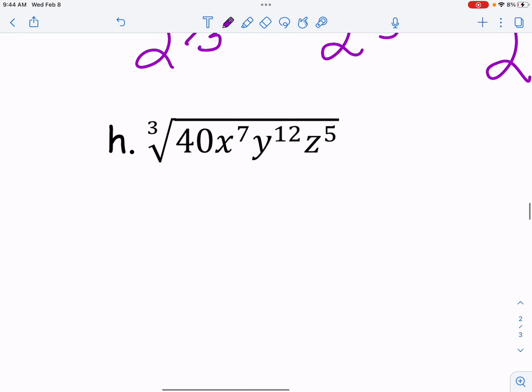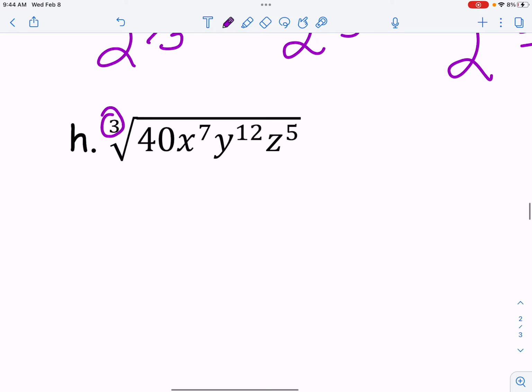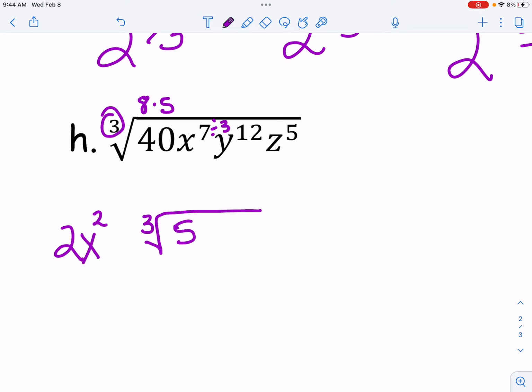Now we're doing cube. What perfect cube number goes into 40? That would be 8 times 5. Perfect cube root of 8, that's 2. And we have our 5 left over. Now we divide all these by 3. How many whole groups of x's? There's 2 whole groups, 1 left over. There's 4 whole groups.